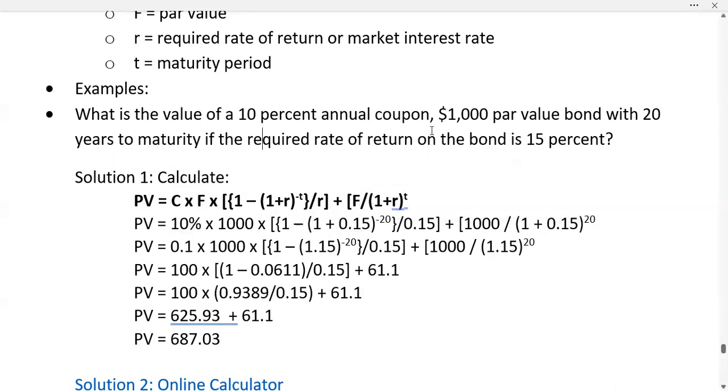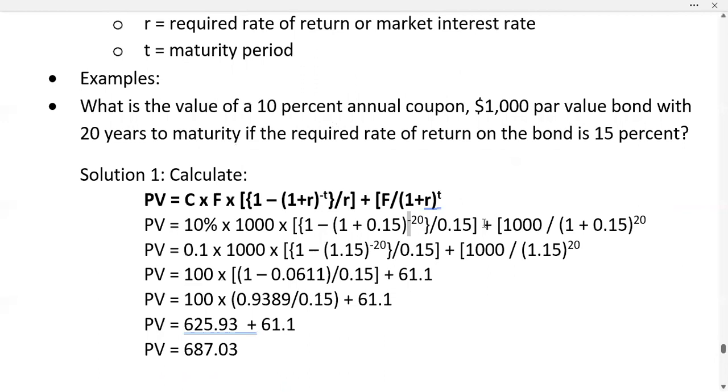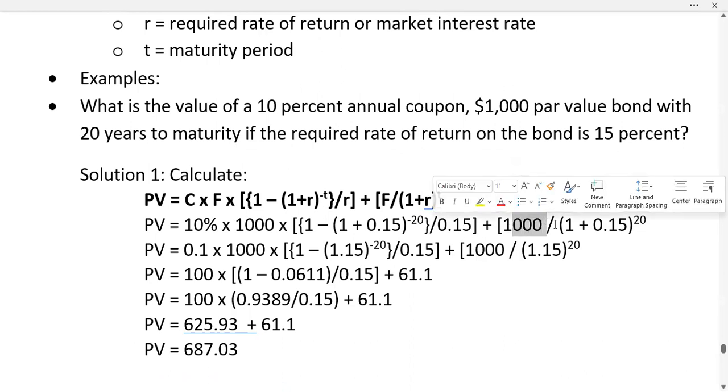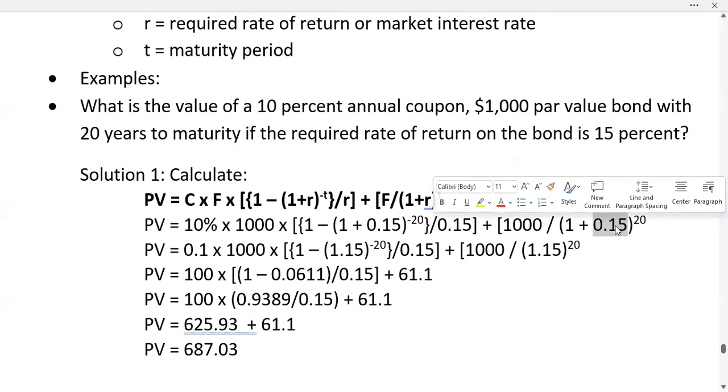where 0.15 is your required rate of return, 15%, raised to the negative 20, which is the number of years to maturity. The formula calls for it to be negative, divided by 0.15, which is again your required rate of return, plus 1,000, the par value, divided by 1 plus 0.15, the required rate of return.